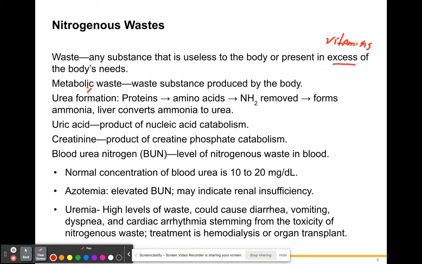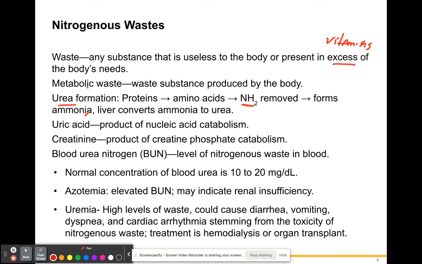Metabolic wastes are waste substances produced by the body. Urea formation happens in the kidney. That's when we take proteins, break those down into their amino acid building blocks. Then we take away our amino group or amine group from our amino acids.